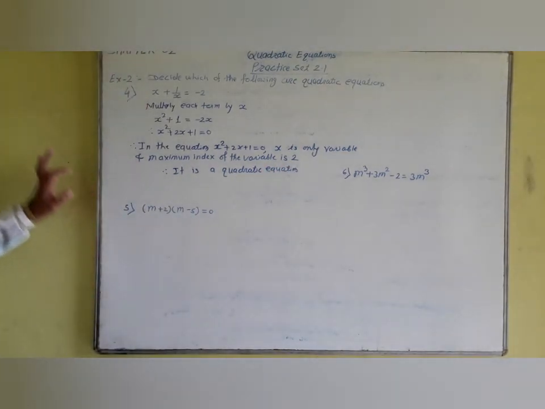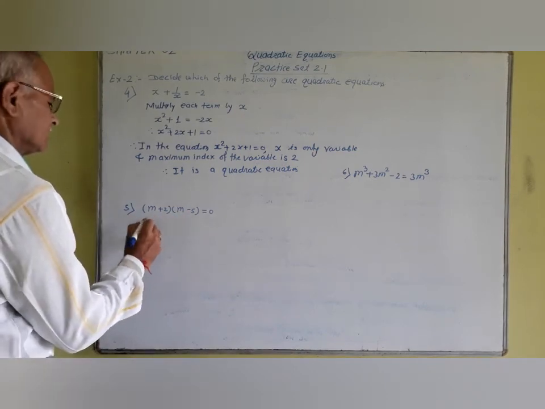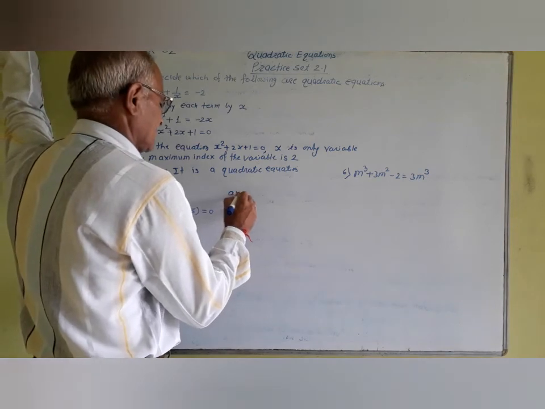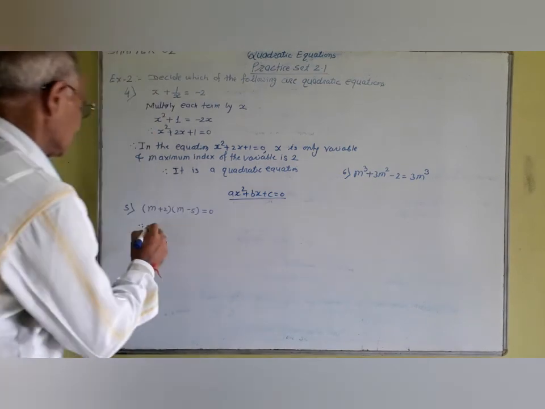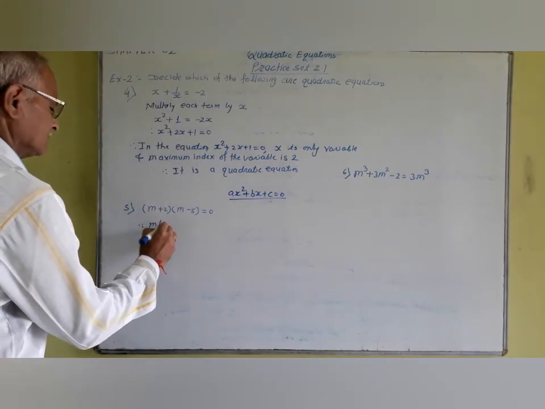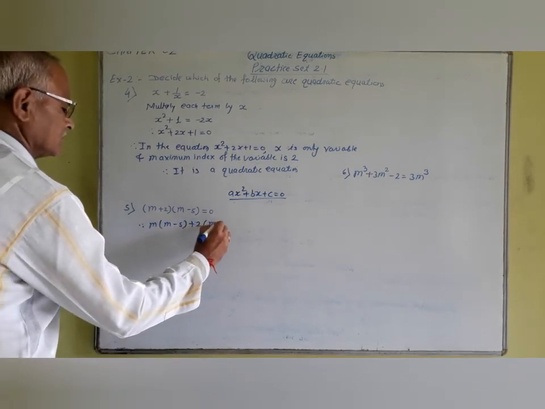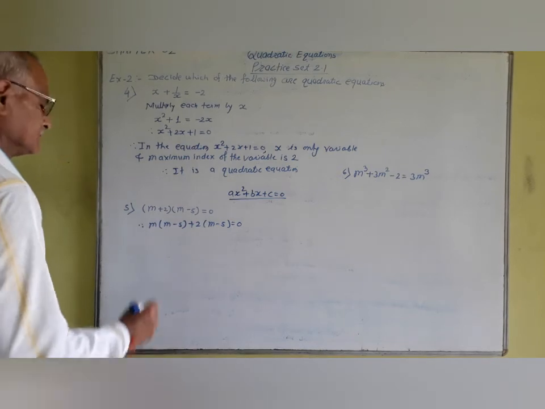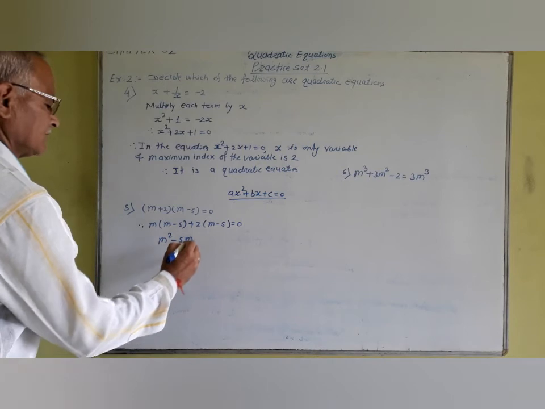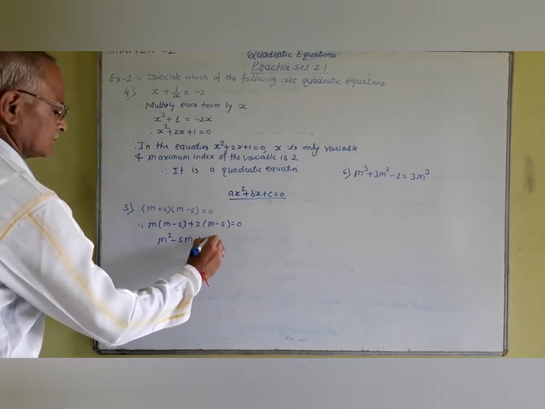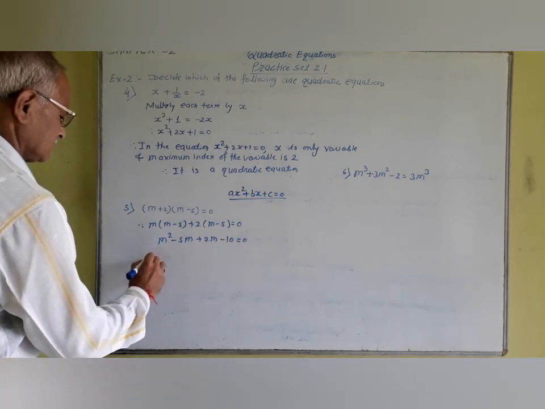Now in the fifth example, m plus 2 multiplied by m minus 5 is equal to 0. We have to write it in this form: ax square plus bx plus c is equal to 0, and therefore multiply m to m minus 5 and plus 2 to m minus 5 is equal to 0. m multiplied by m is m square, minus 5m, plus 2 multiplied by m is 2m, plus 2 multiplied by minus 5 is minus 10, is equal to 0.